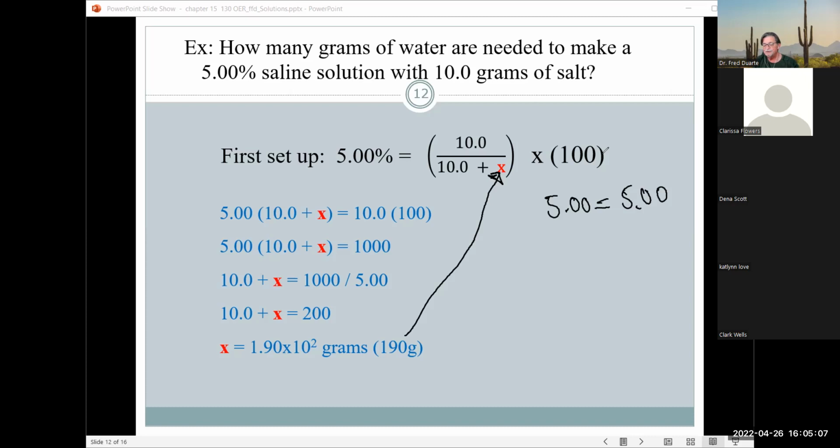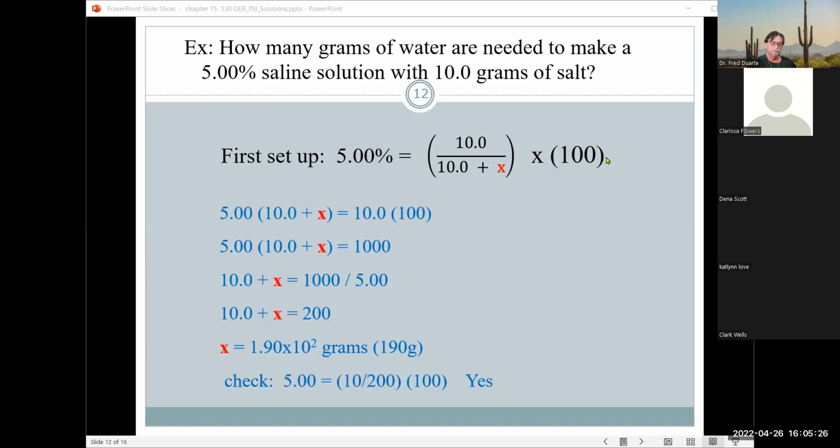If for some reason you come up with something other than 5, then probably check your math up here, or the 190 is incorrect. Go back and check your algebra. That just verifies that that's the answer.